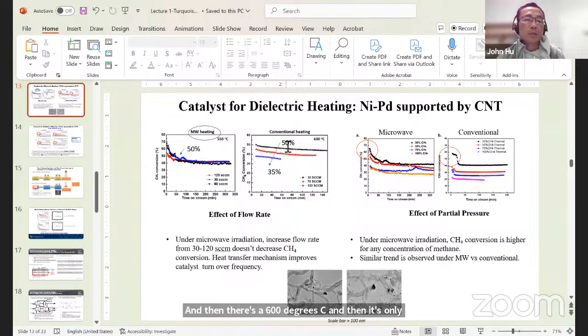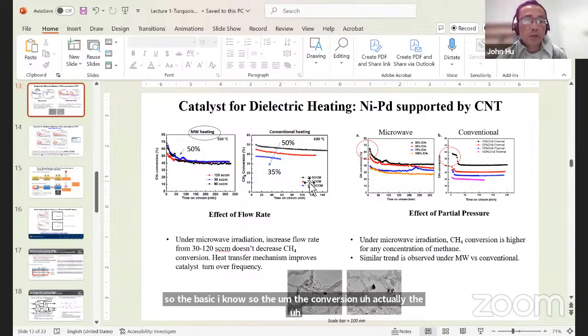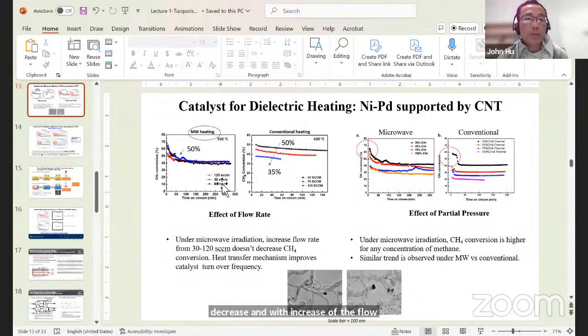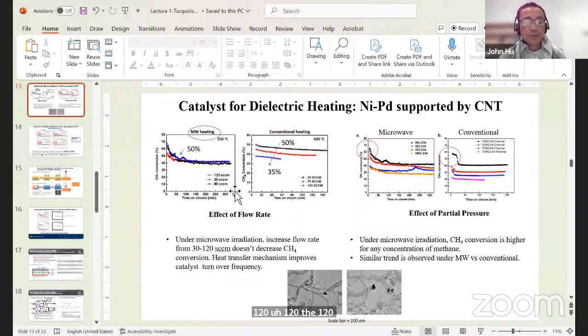Also, the conversion actually decreases with an increase of the flow rate. But basically, these two graphs are compared under similar flow rates, 120 cc per minute, 30 and 60.